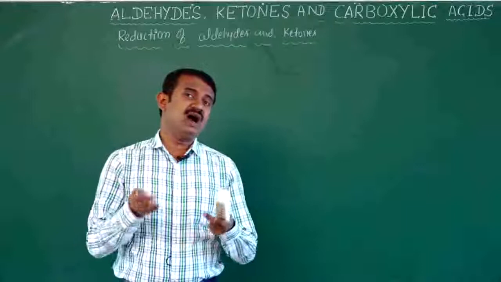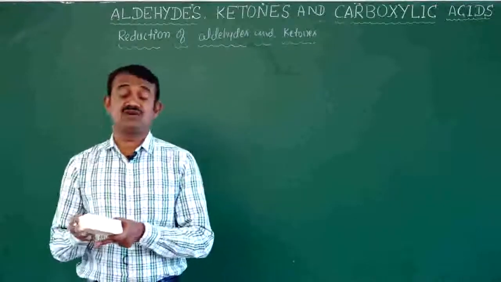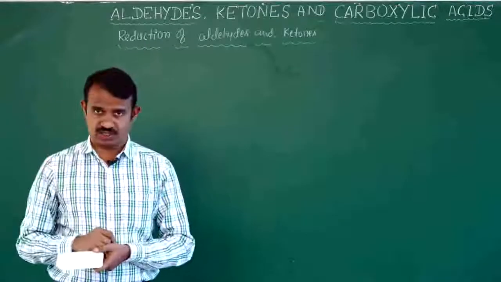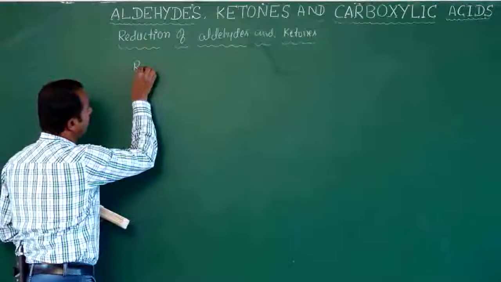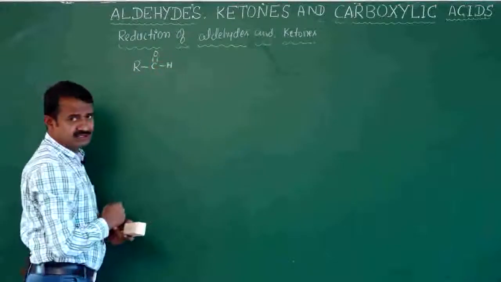Aldehydes are converted to primary alcohol, ketones are converted to secondary alcohol. We have already discussed this in the alcohol chapter. First one, aldehydes. This is the general formula of aldehydes.